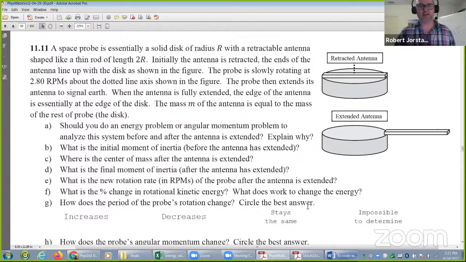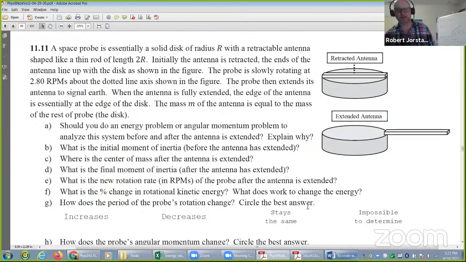The probe then extends its antenna to signal Earth. So maybe you could say this is a bad design, but whatever. It makes for a good practice problem. That's all we care about here. When it's fully extended, the edge of the antenna is essentially at the edge of the disk. The mass M of the antenna is equal to this.